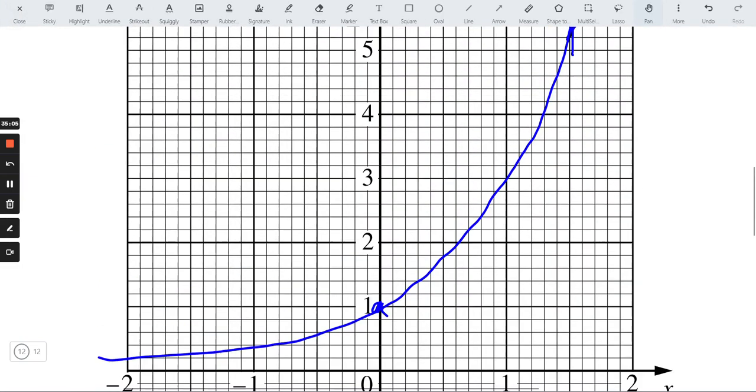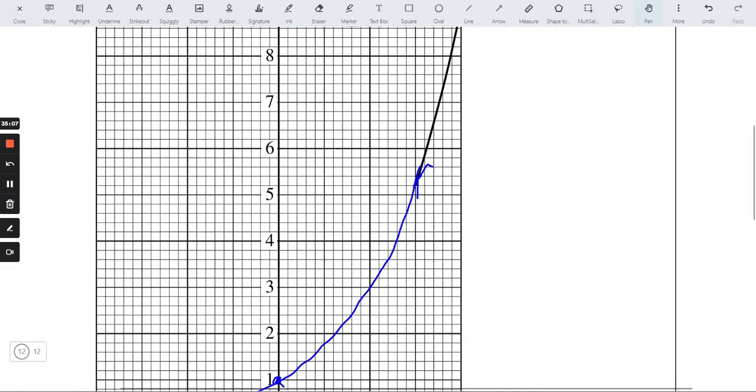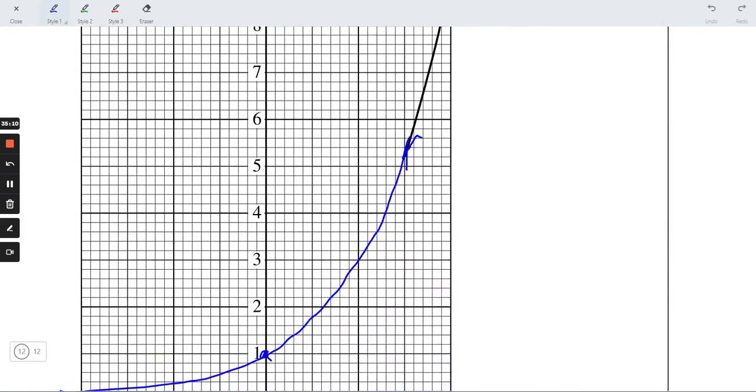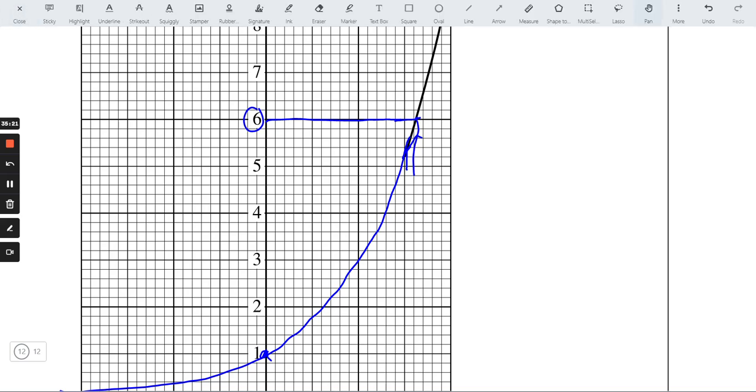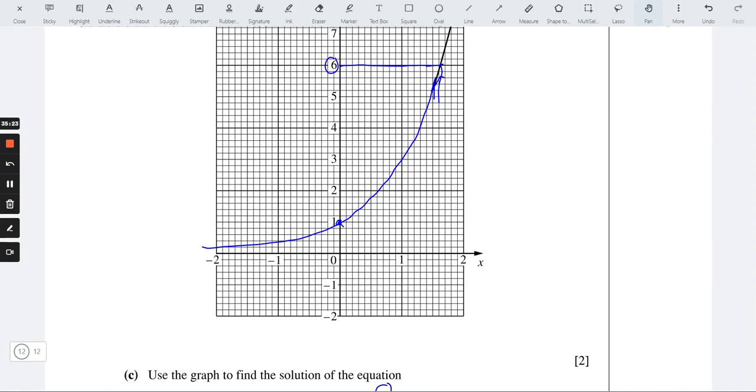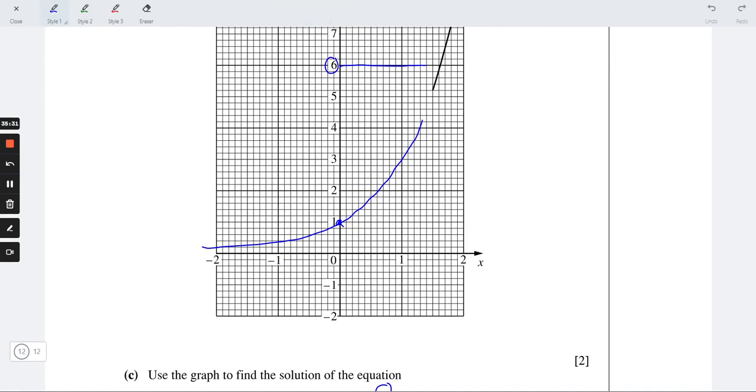So go to your graph and find 6 on the y-axis, intersect it with the curve itself, and go down until you reach the x-axis, using your ruler.